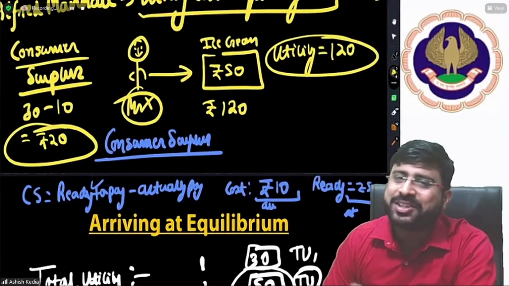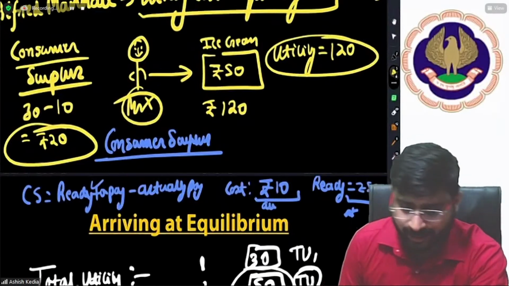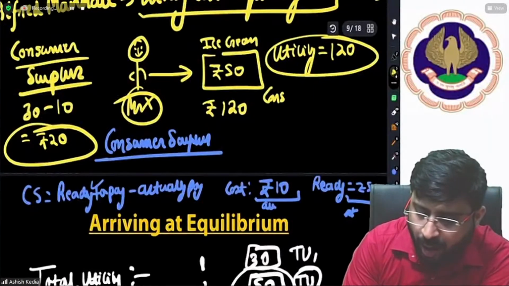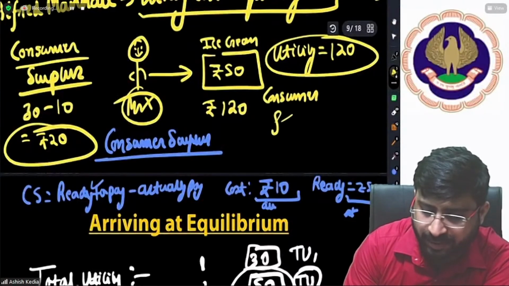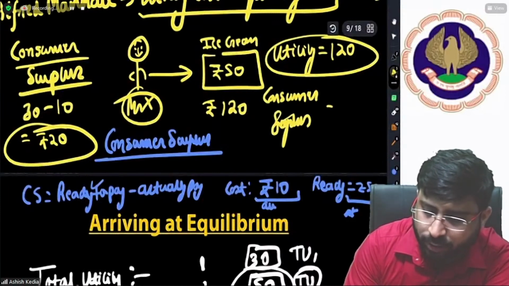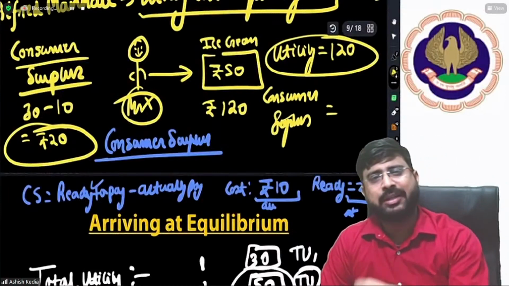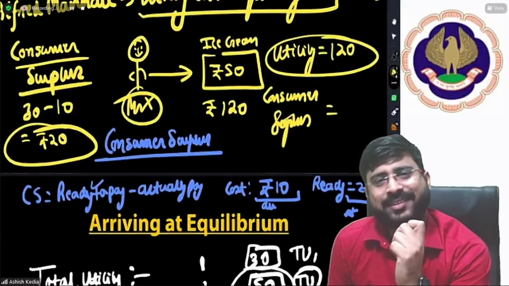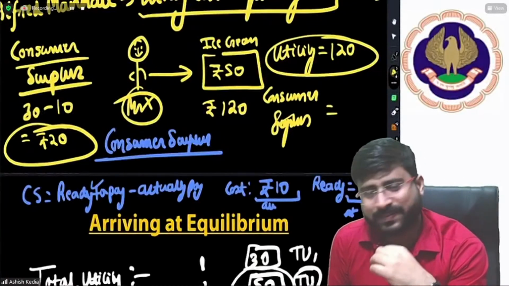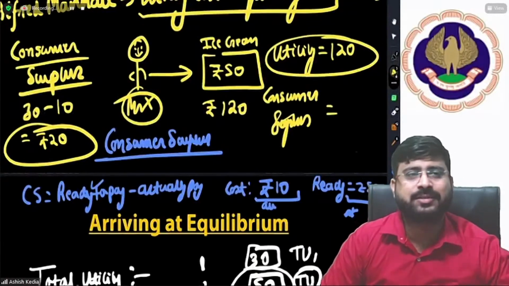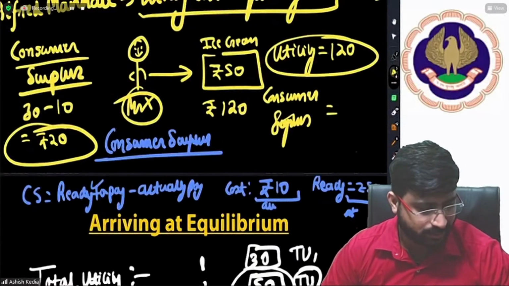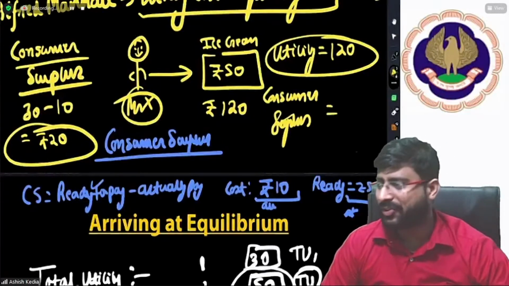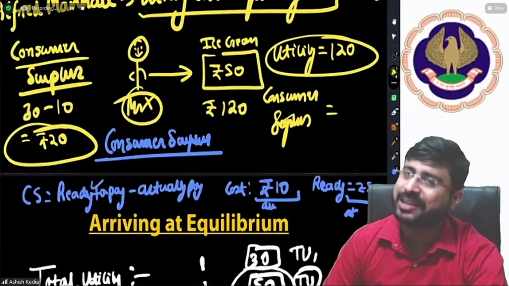Now my another question. Let's see how many of you have understood this. What is the value of consumer surplus here? Come on, everybody, let's hear it. Most of you are saying 70, correct.